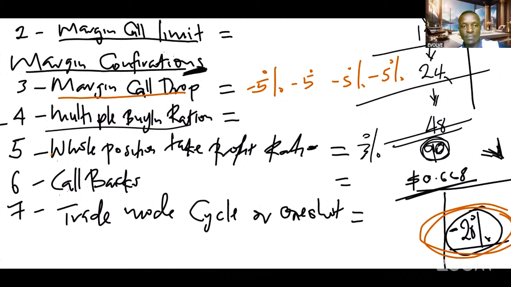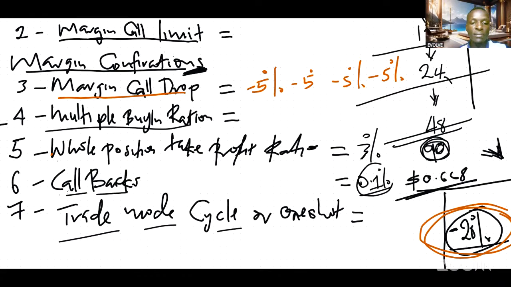Are we together? The buy callback and the take profit callback, you can keep them at the default one, or you can change them to 0.1%. I'll talk about them on another day.